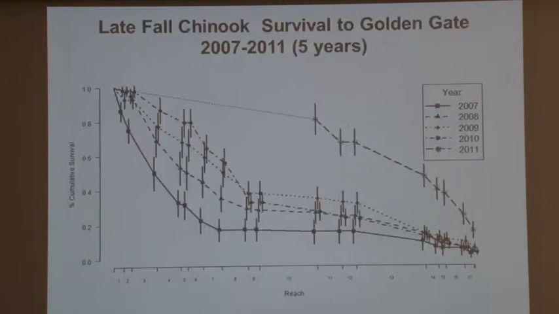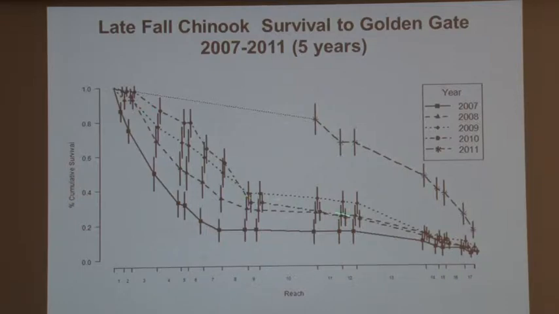Over the 5 years of the study, there were 4 years which were pretty much dry, the first 4 years, and the final year which was wet. And we do see consistent patterns, more or less. Now this survival here is cumulative survival, and the reaches are aligned according to the actual distance along the river.